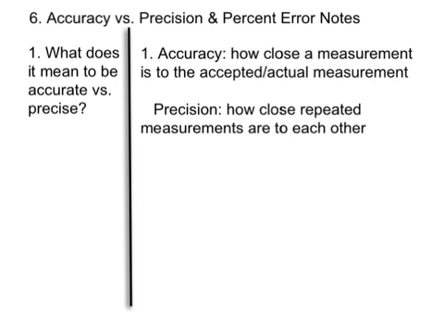Now precision has to do with how close repeated measurements are to each other. So if you've only measured something once in an experiment, you might be accurate, but can you repeat those results? That is one of the major things you have to do when you're doing experiments and trying to discover something new.